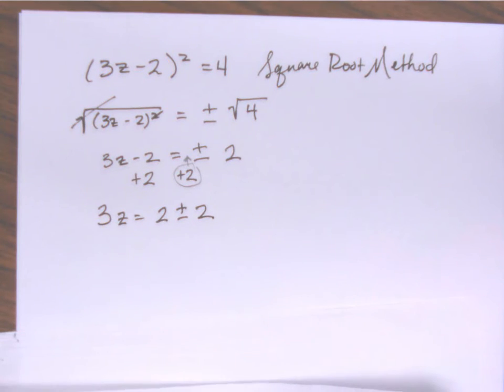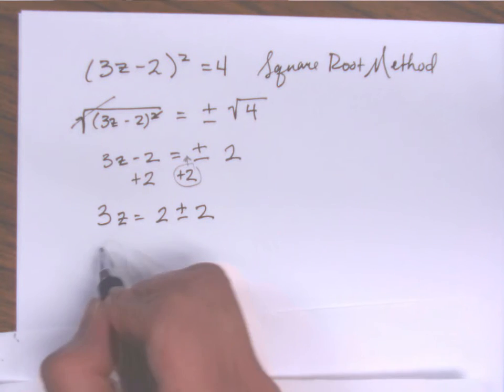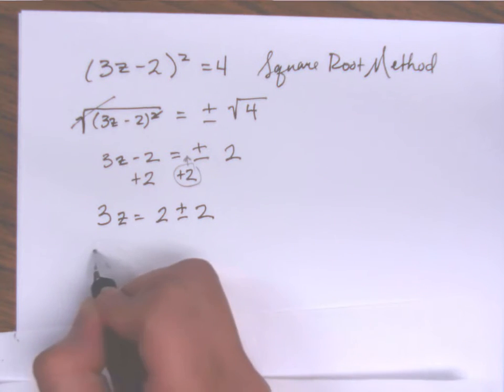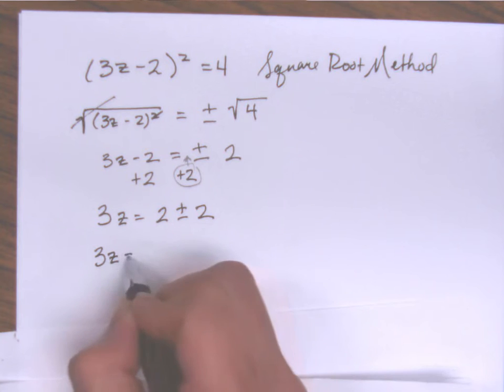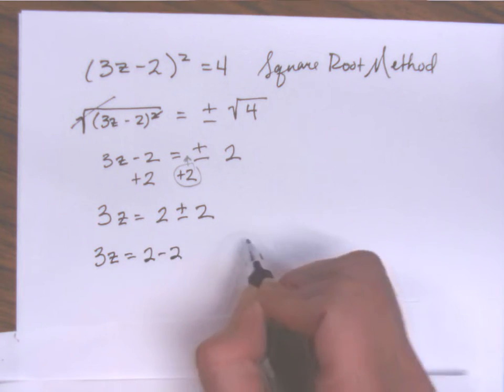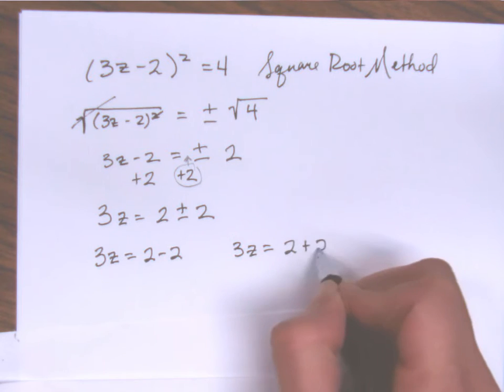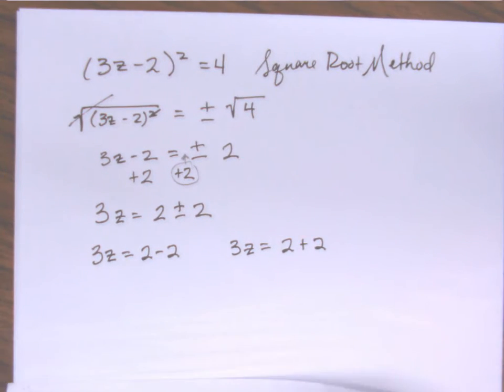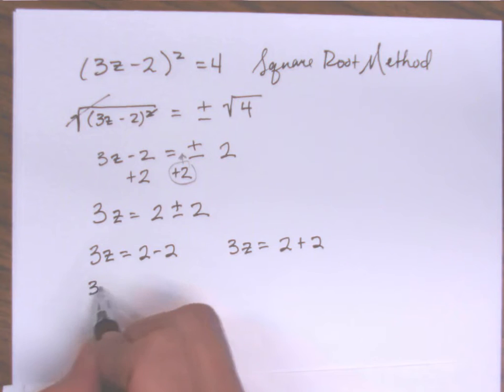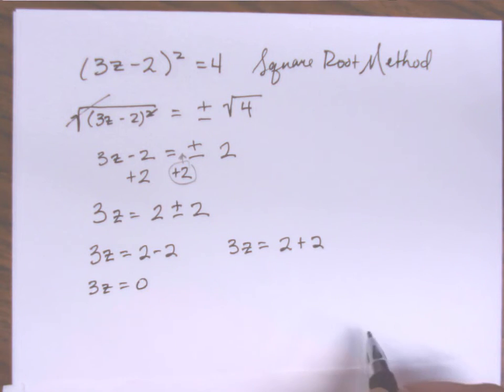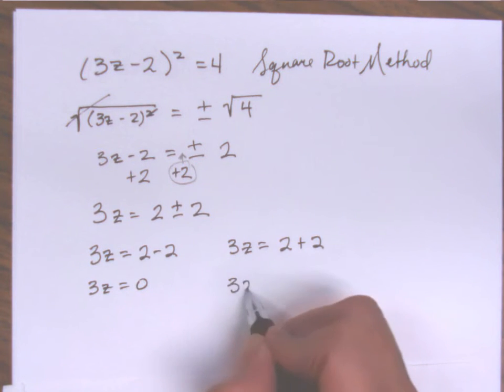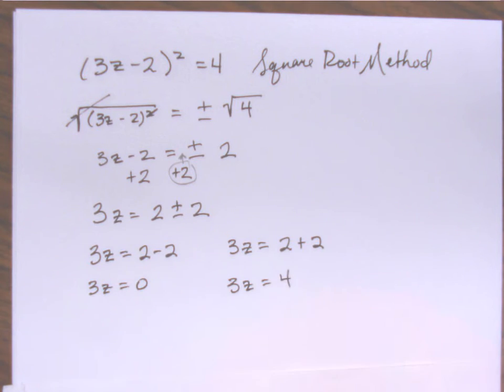And again, remember that you have two solutions here, so let's write this out twice. I've got 3z equals 2 minus 2, and 3z equals 2 plus 2. So here 3z equals 0, and here 3z equals 4.